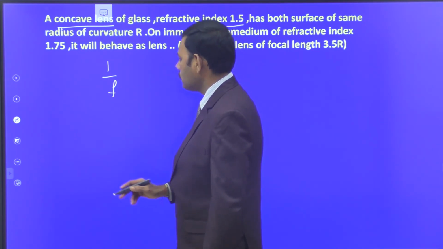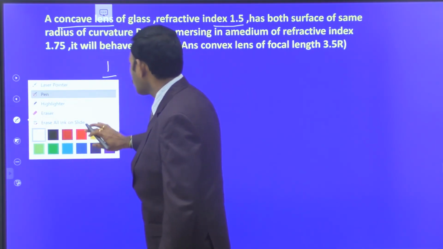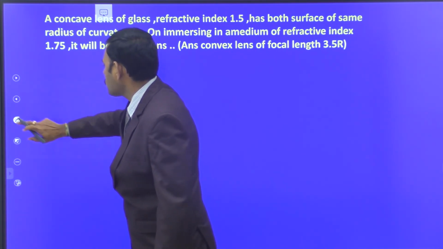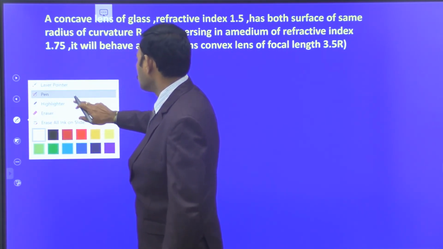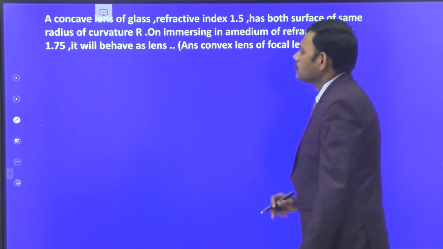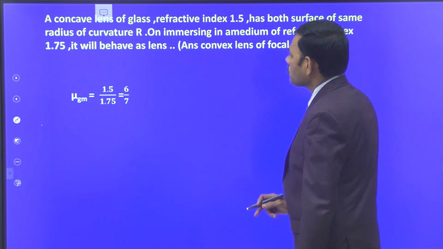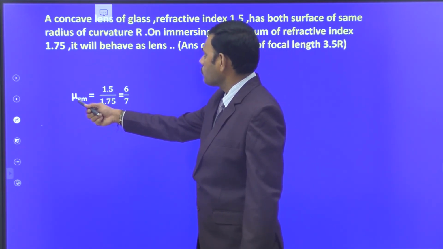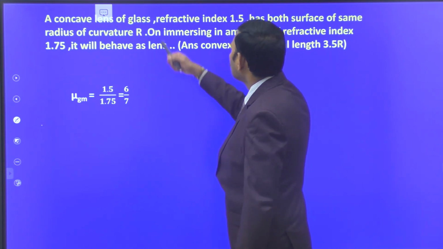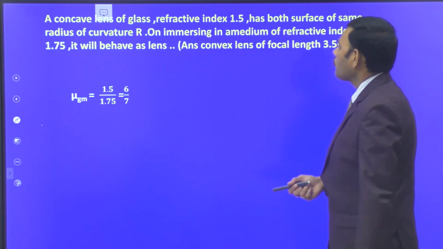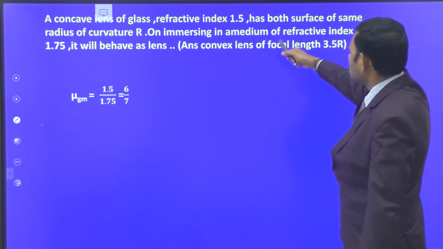So let us consider the data first of all here. So let us consider the data to continue this problem. So this is the first one. Refractive index of glass medium, that is the lens, with respect to the surrounding medium. Refractive index of glass is 1.5 and refractive index of the surrounding medium is 1.75.